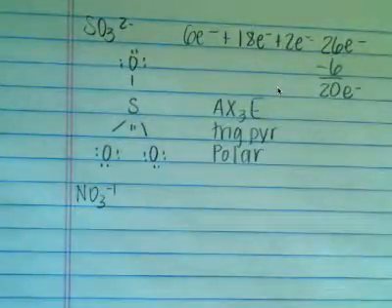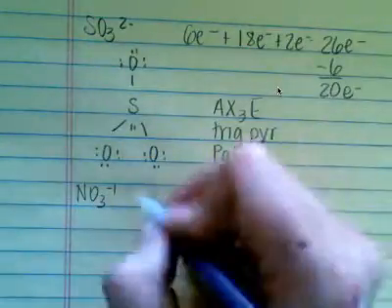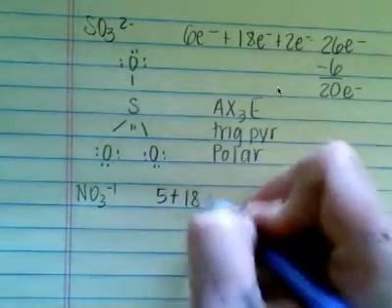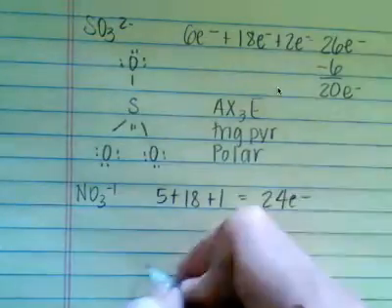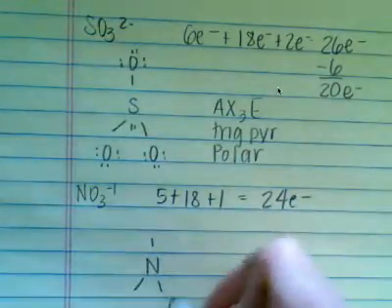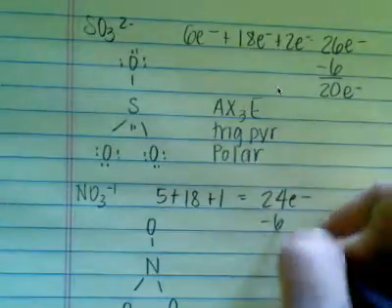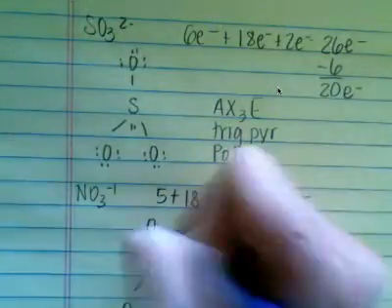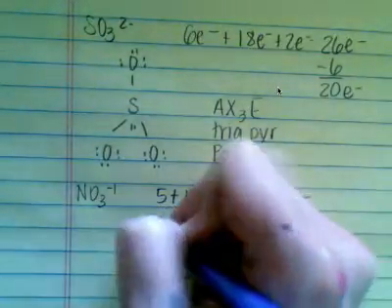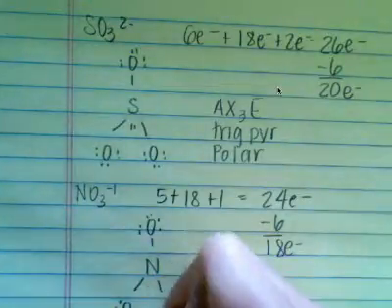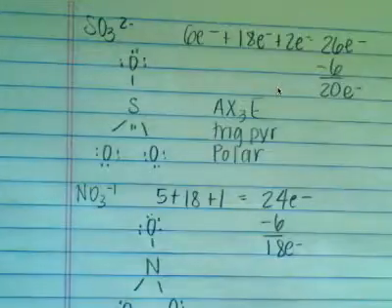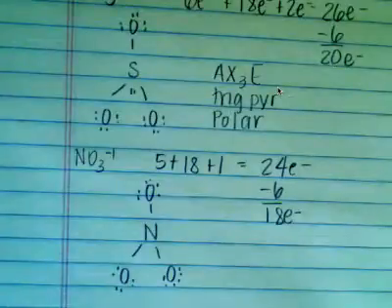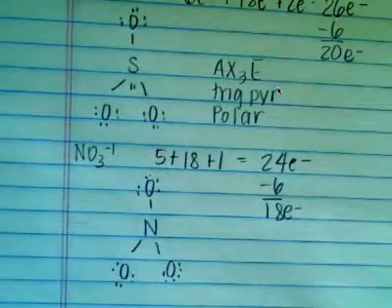Okay? All right, NO3, so N is 5, 6 times 3 is 18, plus 1, what was that, 24? Nitrogen in the middle, 3 oxygens, 6 used up, 18 left. Okay. What do we need to do? Nothing.